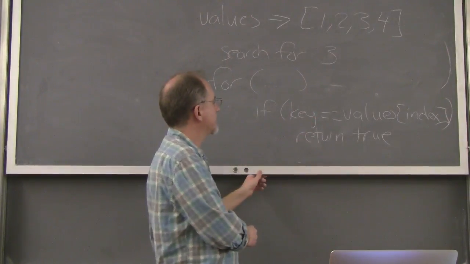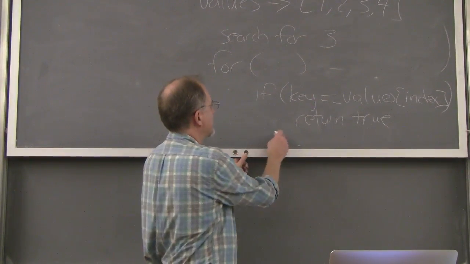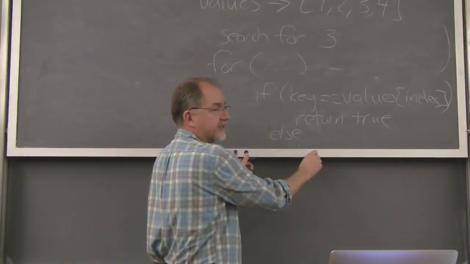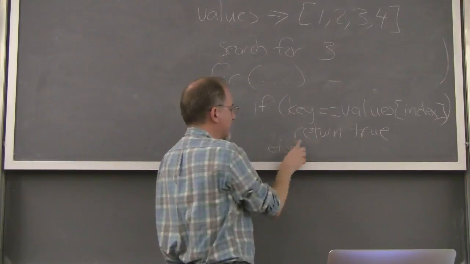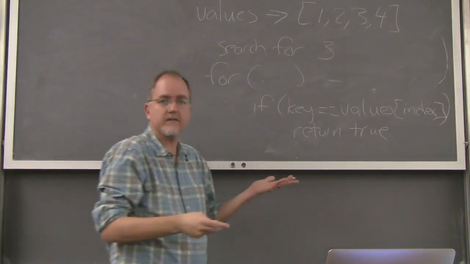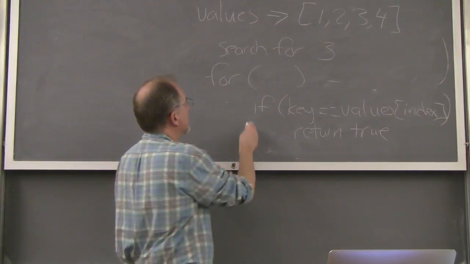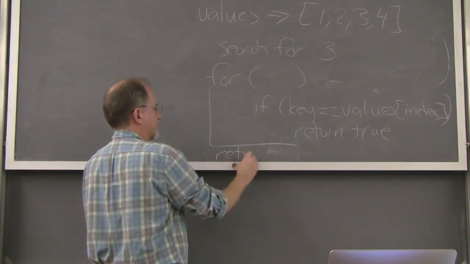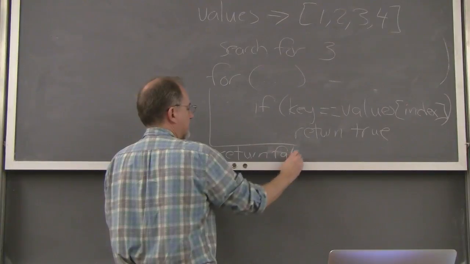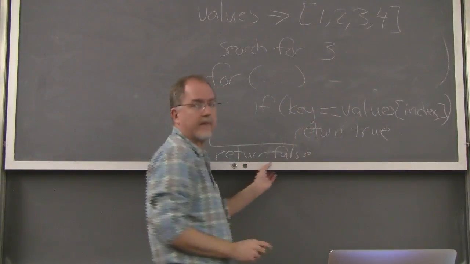What I want to make sure is, some people, again, want to write else return false here. But just because the first element you look at is not 3 doesn't mean we're done. We don't know yet whether or not it's in the array. So we do our loop, we finish our loop, and we can finally return false once we've checked every element in the array, right?